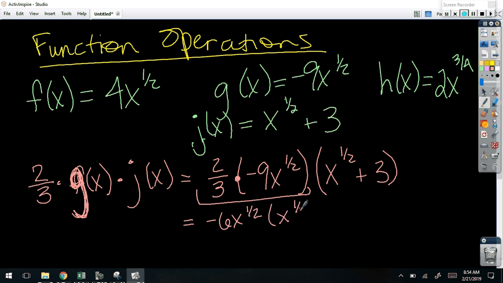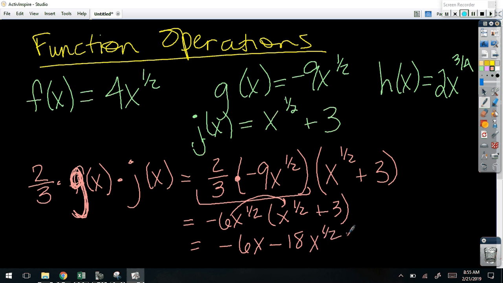Oh, I didn't mean to let my fraction cancel out. It's okay, because that's technically just like a 2. And now distribute. Negative 6, what do you get? x to the 1, minus 18x to the 1/2. That's correct.